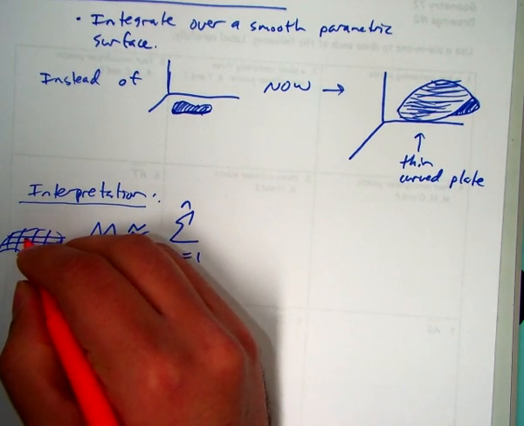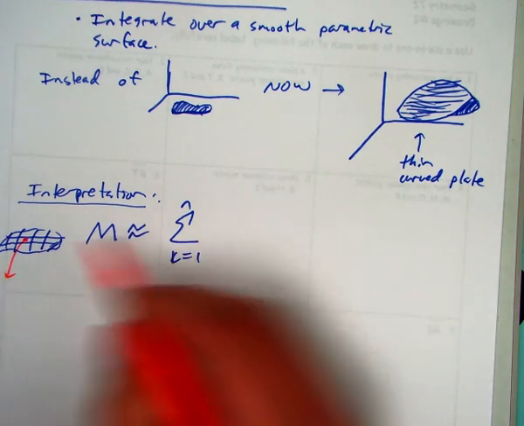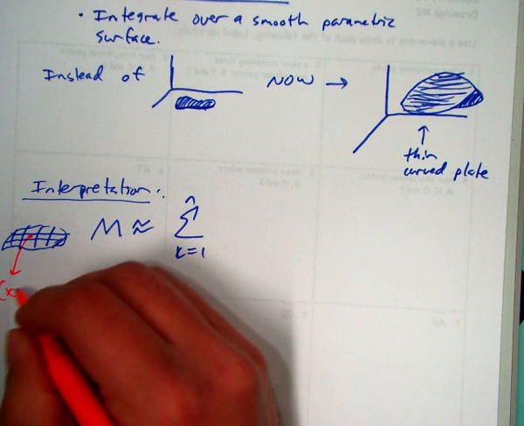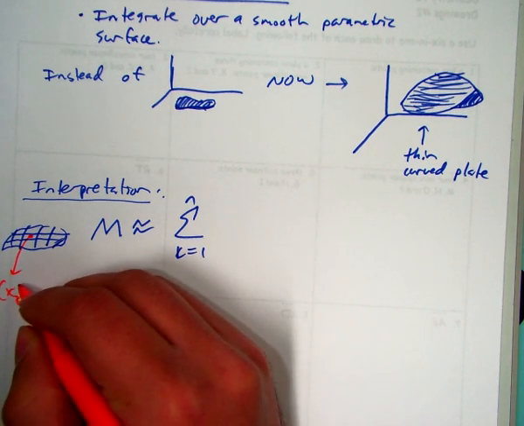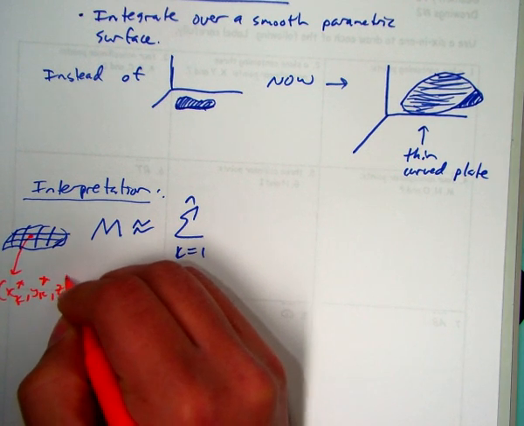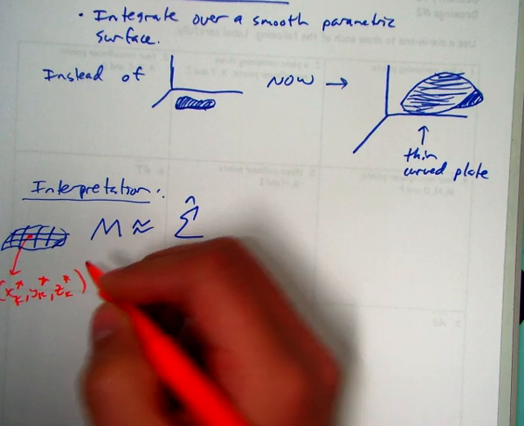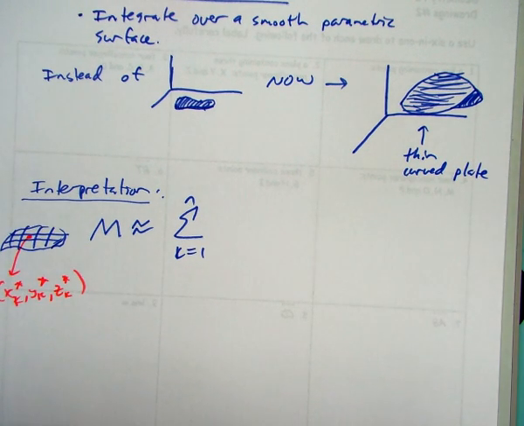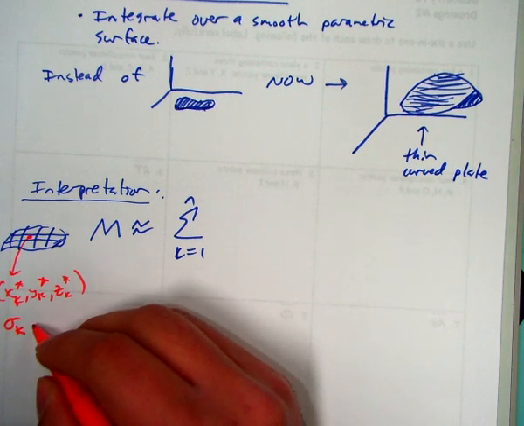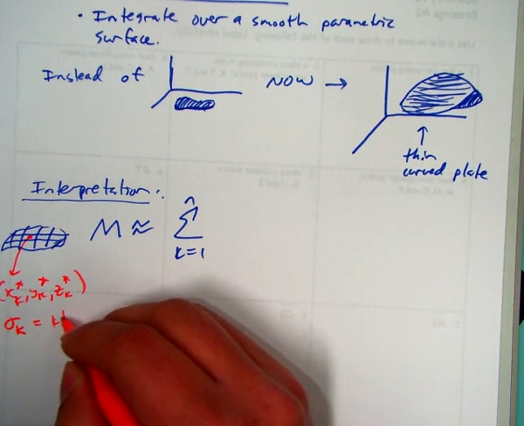So if I take any location along this thin curved plate, we can assign corresponding coordinates x sub k star, y sub k star, the usual, z sub k star. We'll call sigma sub k the kth patch.